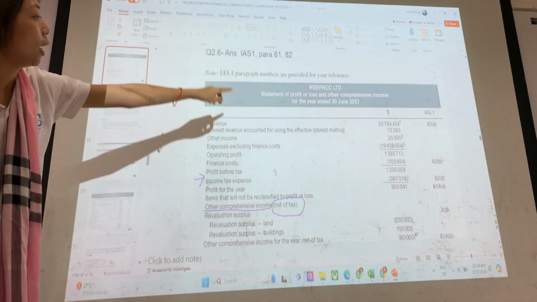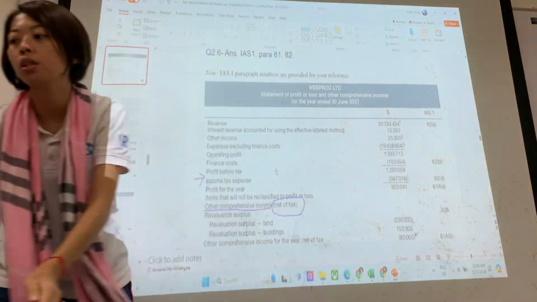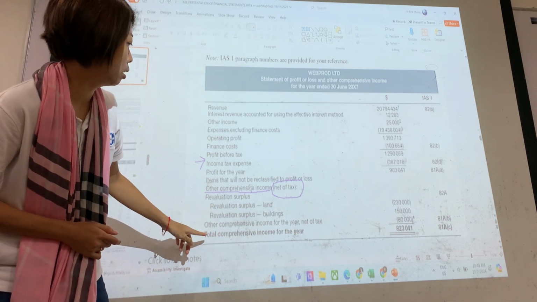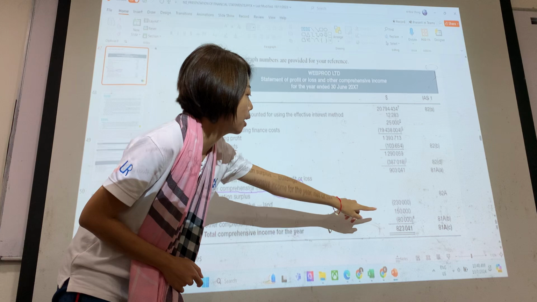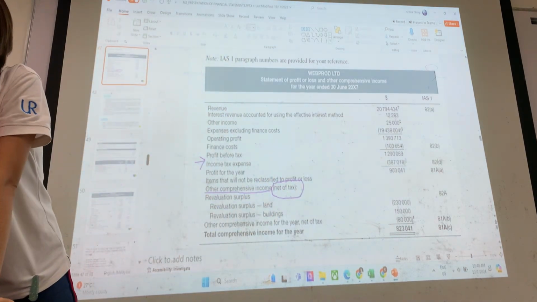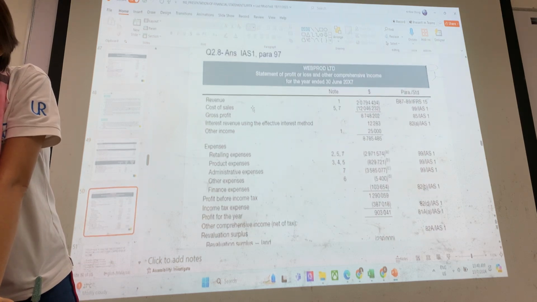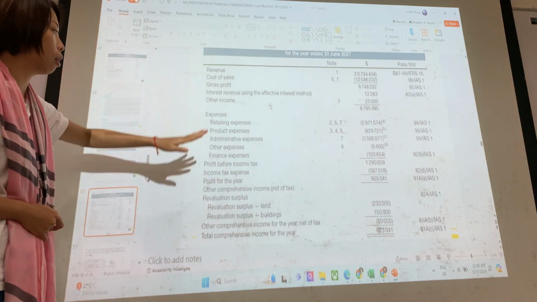So in 81, 82, the profit for the year is 903,000. OCI is 80,000 negative, and total CI is 823,000. If you go to slide 50, you will get the same answer, although it's longer.